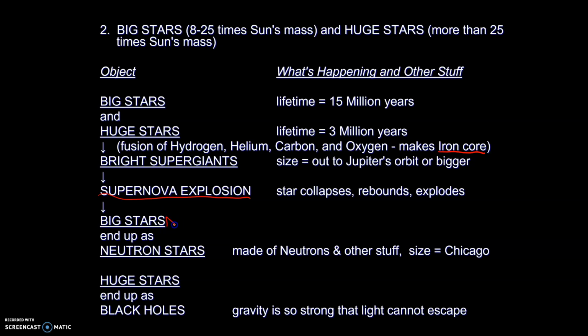Our big stars are going to turn into neutron stars made up of neutrons. It's going to be very small, remember, about the size of Chicago compared to other stars. And then our huge stars turn into black holes. The gravity is so strong that light cannot escape these black holes, which is this heavy gravity right there.